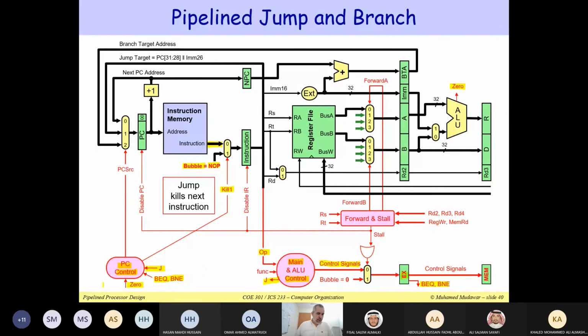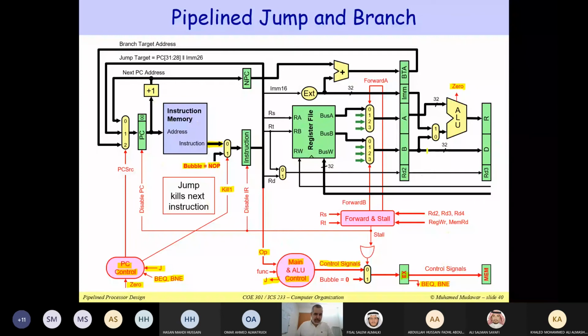So the PC control is going to determine if the branch is taken or not taken. If the branch is not taken, there is no need to do anything. Unless it's taken, allow the next two instructions to proceed into the pipeline. Now notice that I have an instruction which is being fetched from the instruction memory, but also a second instruction which is in the decode stage.